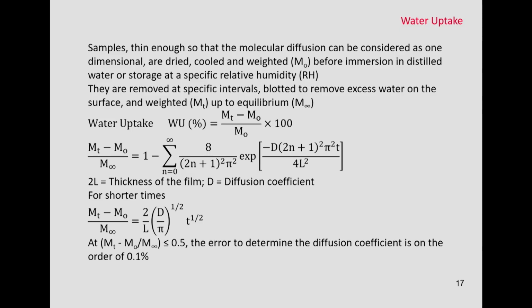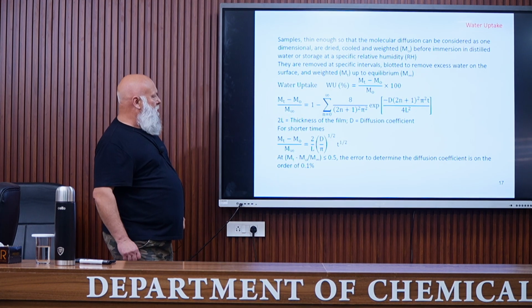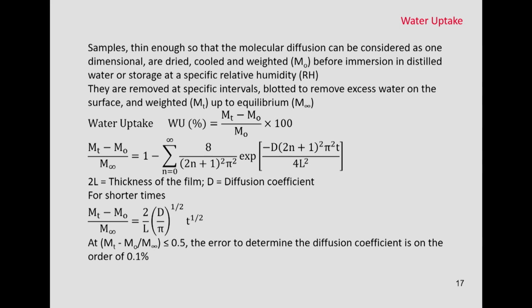No? So it means that usually another equation is used. I will show you. So in this equation, 2L, where is L? It's here, corresponding to the thickness of the film. So D is the diffusion coefficient. But for shorter time, this equation becomes simpler. And usually we use this one.